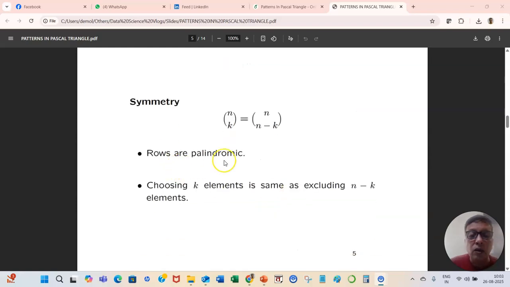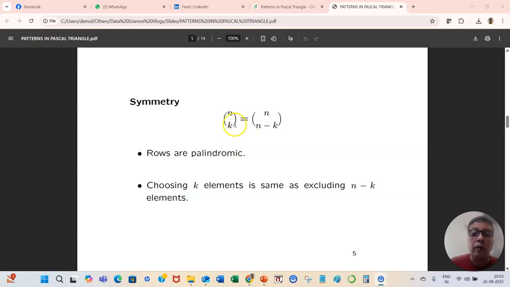Now rows are palindromic. If you go from the left kth position or from the right kth position, the values are the same because of the property that nCk equals nC(n minus k). The number of groups you form by taking k objects from n is the same as the number of groups you form by taking n minus k objects from n.